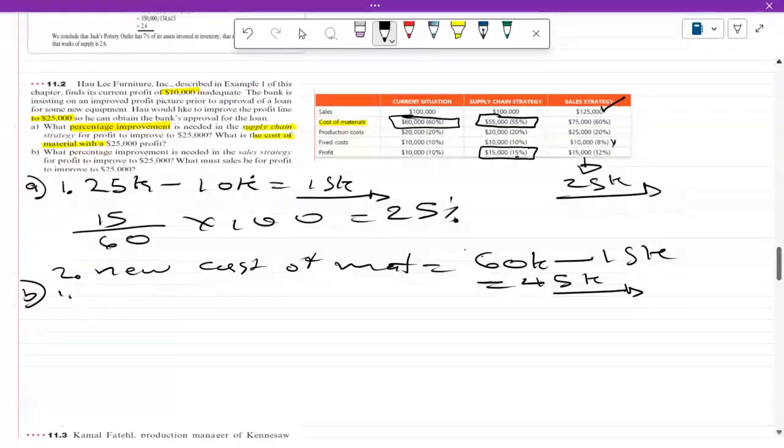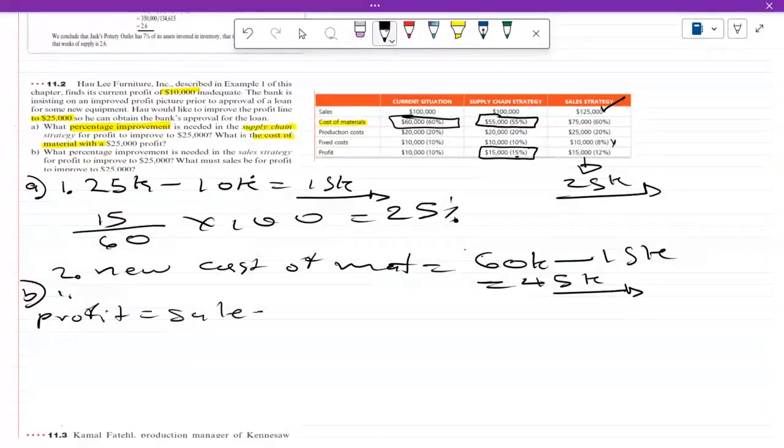But firstly, we need to determine how you get to a state of 25,000 profit. So we know that profit is equal to sales minus your cost, right?